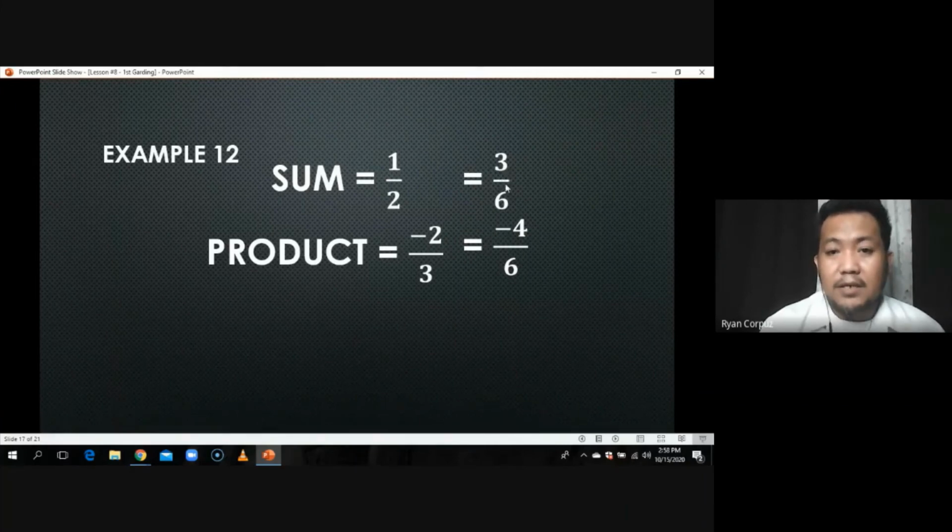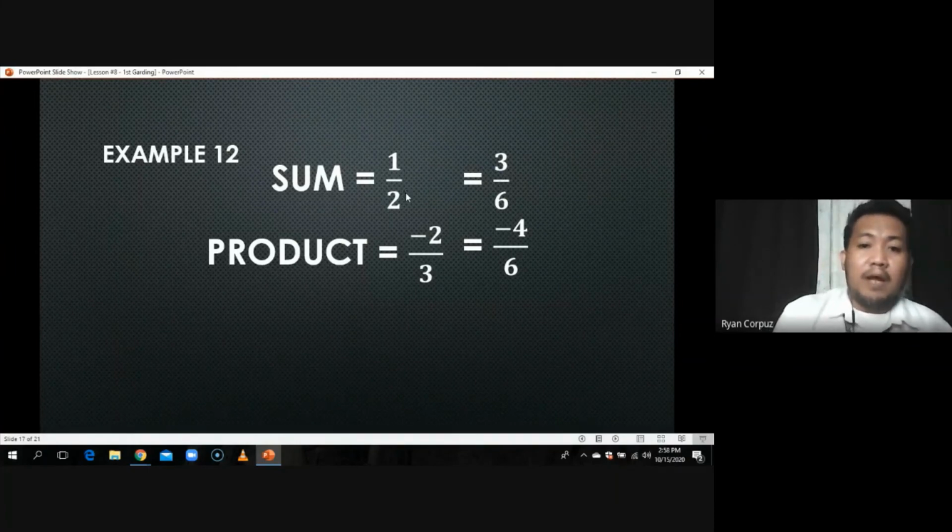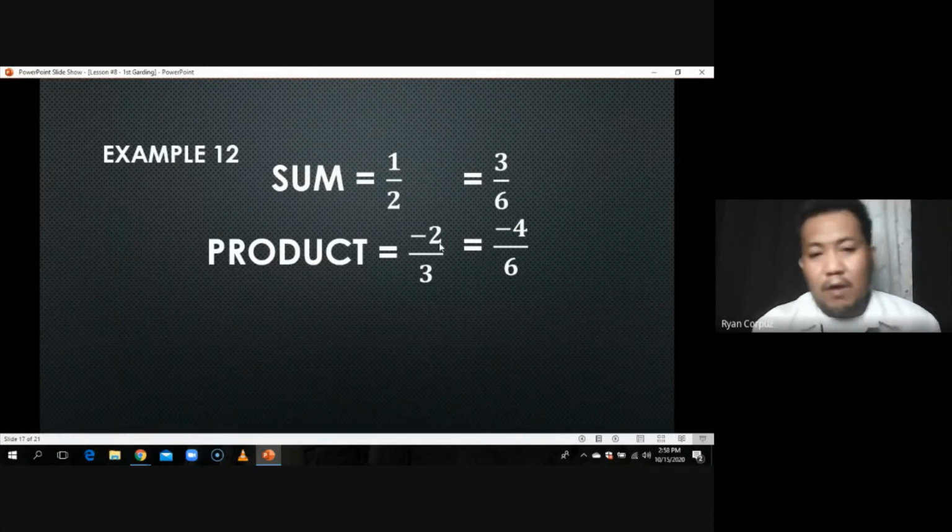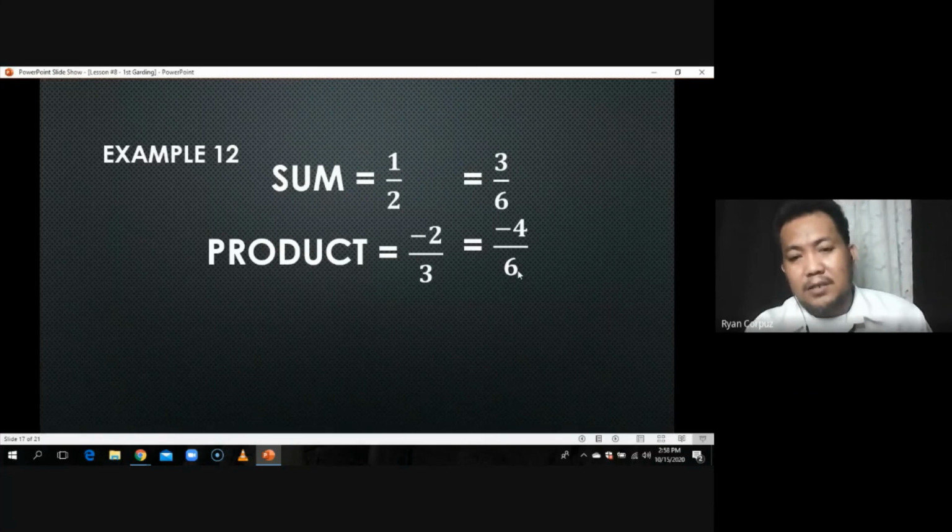So 3 over 6 is equal to 1 half. They are now equivalent fractions. Instead of 1 half, we are going to make use of 3 over 6. While for negative 2/3, the LCD 6 divided by 3 is 2, times negative 2, you come up with negative 4. Negative 4 over 6 simplified is also the same as negative 2 over 3. They are also equivalent fractions.